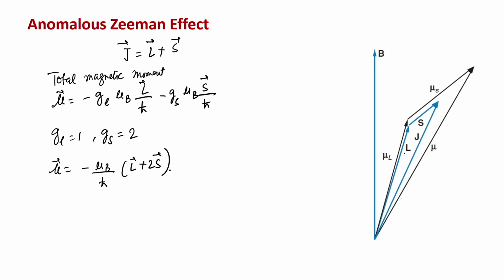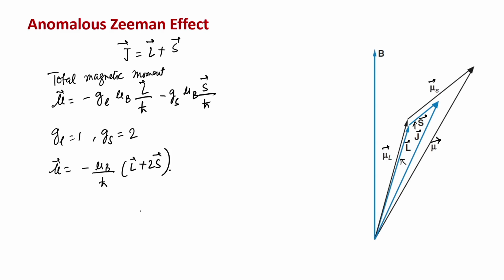This shows the L vector, which is inside, in blue color, and then you have the S vector which is here, and the vector sum of these two vectors is the vector J. So, you can put a vector sign if you like, and then this is the magnetic moment associated with the orbital angular momentum. This is the magnetic moment associated with the spin angular momentum, and this is that mu, which is the vector sum of mu_L and mu_S, which is written here. Okay.